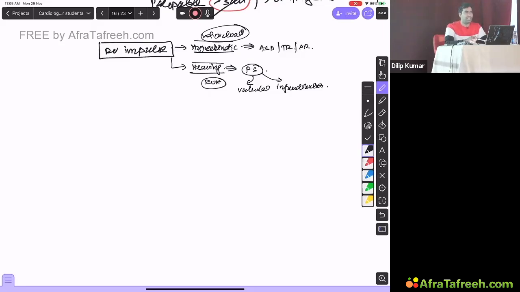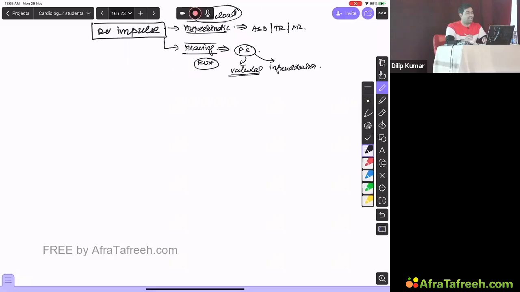Even though there is a stenosis, the blood will be pushed towards the left side. So the right ventricle need not generate such high pressures, because the VSD itself helps shunt that pressure towards the left side. Only if the pressure builds up within the right ventricle will you be able to see the pulsation. Here the pressure is dissipated towards the left ventricle, so you will not see the pulsation.